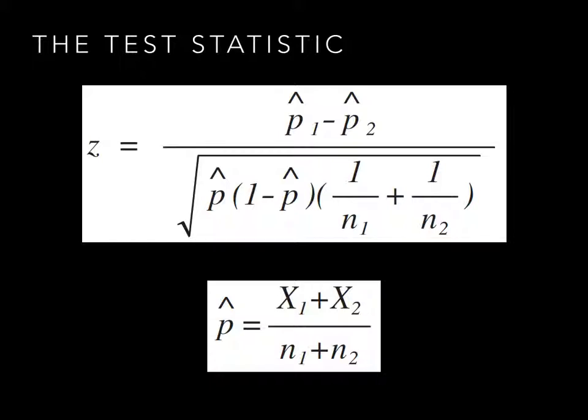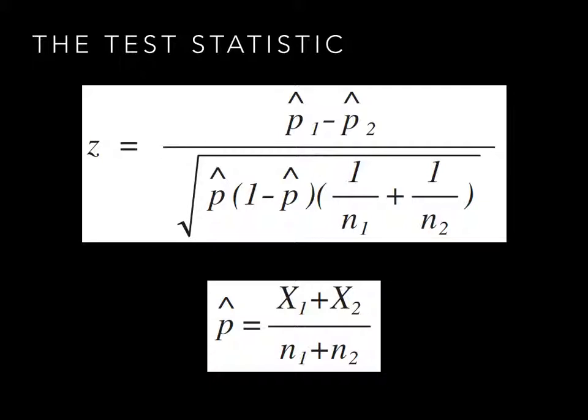Well, p1 and p2 specifically refer to each of our proportions, the proportion of boys and the proportion of girls, while the plain p hat down at the bottom is a pooled version of both our statistics. So we take the number of successes from the boys added to the number of successes from the girls, x1 plus x2, and divide that by the sample sizes of each, n1 plus n2.